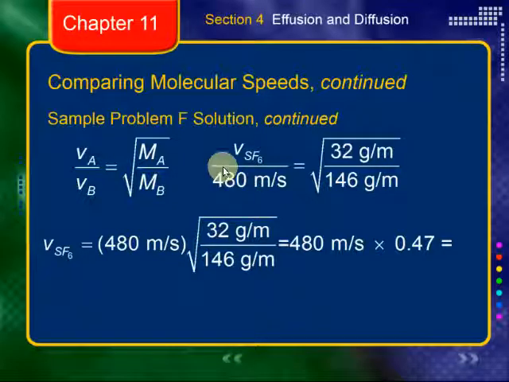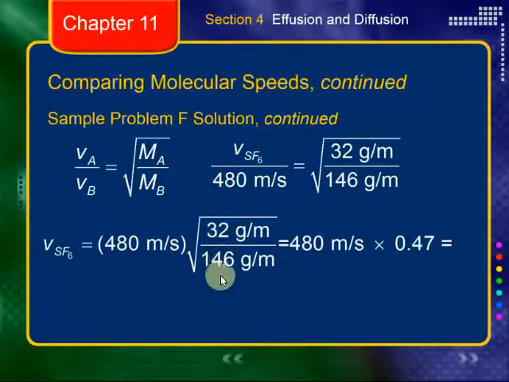So I'm going to multiply both sides of this equal sign, left and right side, by 480 meters per second. That's going to get this denominator to cancel out and go away. So I have this square root set up from earlier in the problem multiplied by 480 meters per second.